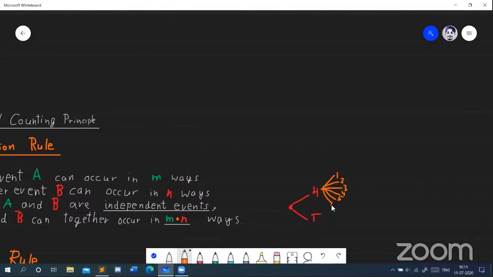Right? And similarly, we have 6 possibilities here. And if you see this particular possibility corresponds to getting a head on the coin and a 1 on the die, and this will correspond to getting a head on the coin and a 2 on the die, and so on, right? So we'll have 6 plus 6, and that'll be 12 possibilities, or you could say 6 times 2, right? And this is why the fundamental principle of counting, the multiplication rule, fundamentally works.